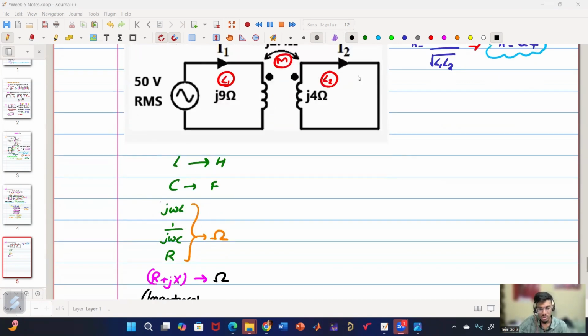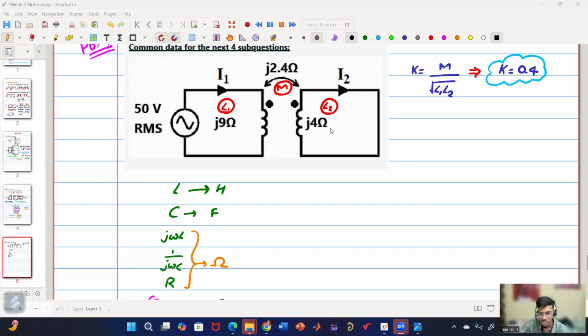Now, is this under case one or case two? Let us go a little bit faster. Case 2, sir. Very good. So how many voltage sources will be there in this question for each coil?